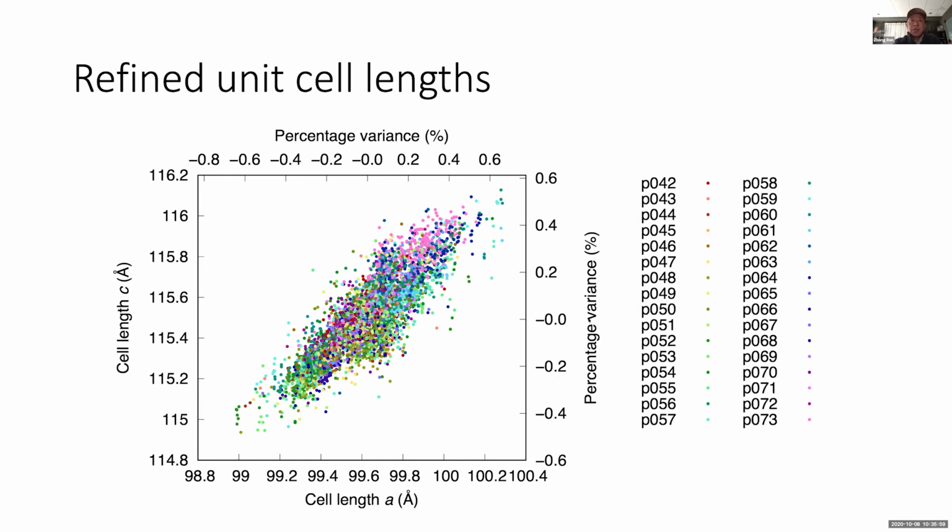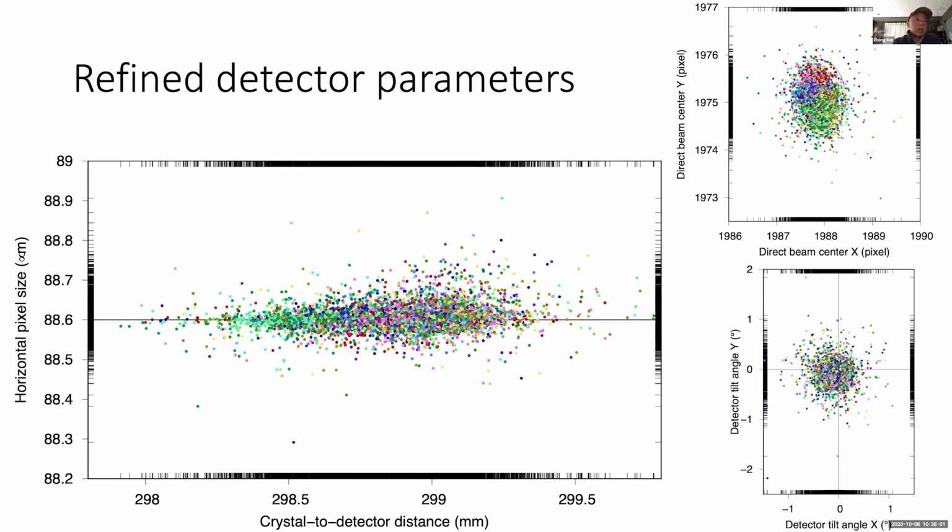These are the other refined detector parameters, for example, the distance from the crystal to the detector and the pixel size of the detector. It always varies a little bit, but it looks like it's in check. And the direct beam position is off by a couple of pixels, and the detector tilt angle is plus and minus, I would say, 0.5 degrees.